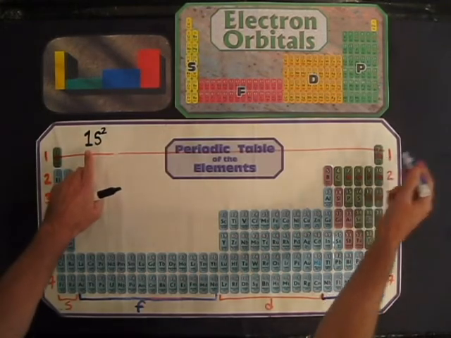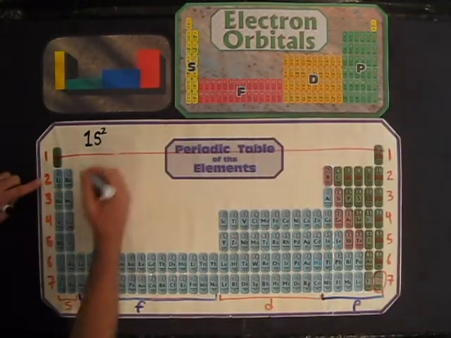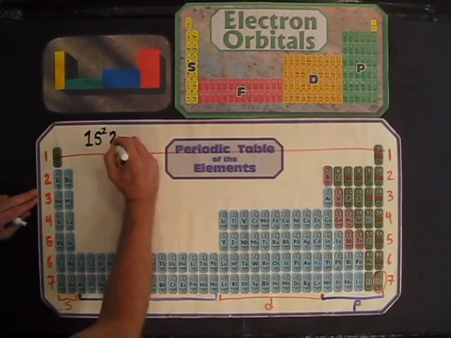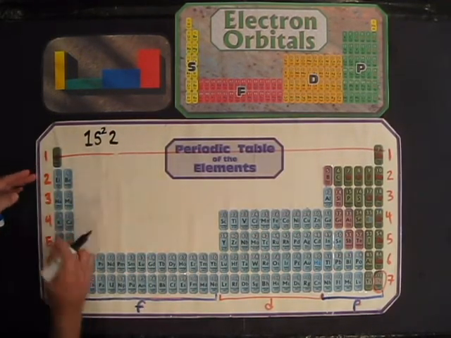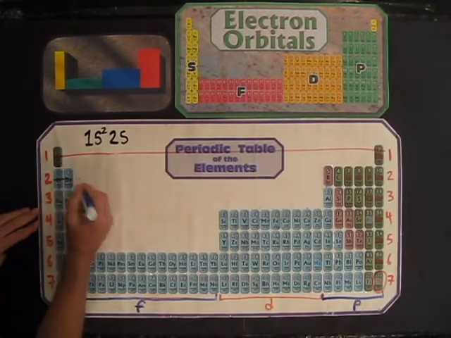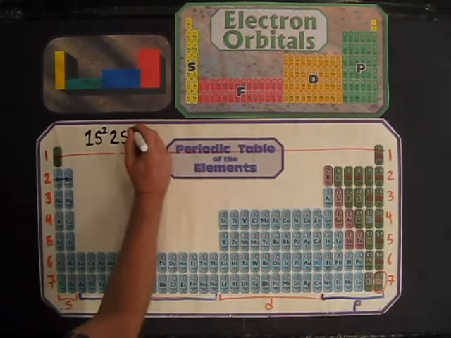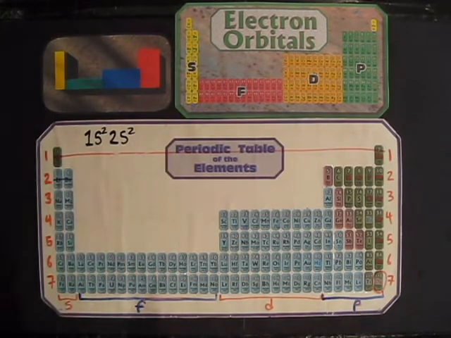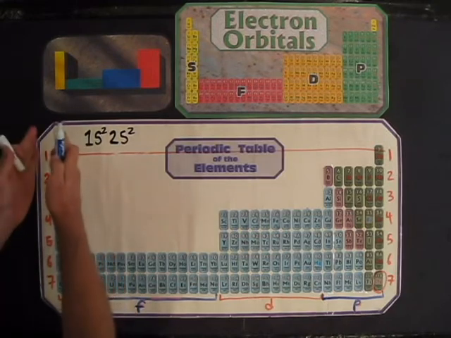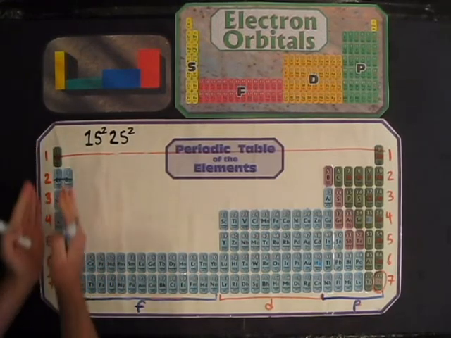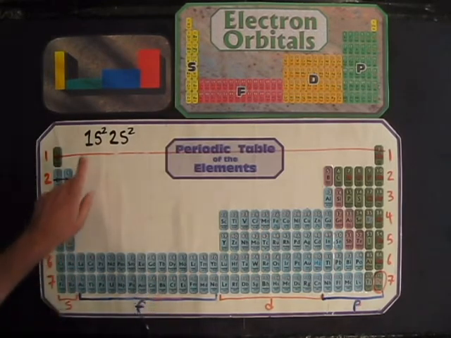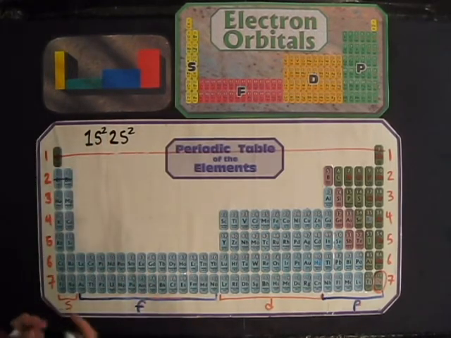Now I have to go to the second period of the periodic table and the second energy level, which also starts with an s. If I go up to beryllium, that also has 2. So notice that the 1s has 2, the 2s has 2. All the s's have 2. That's why the s block is 2 elements wide, because they can always hold 2 electrons.